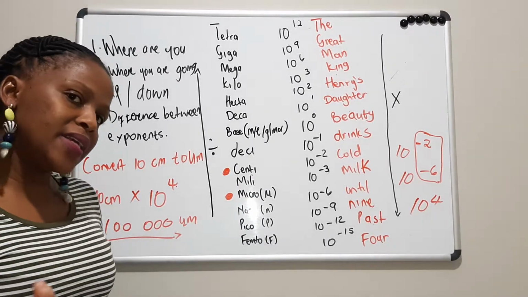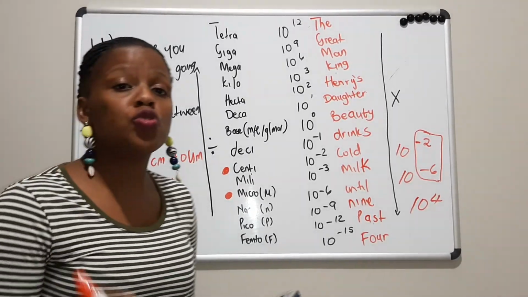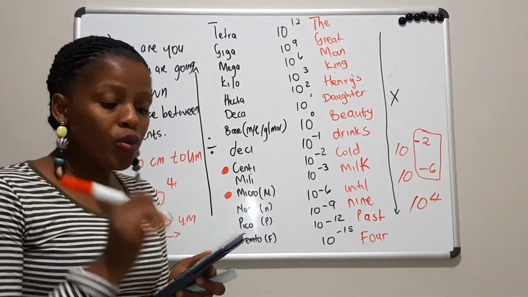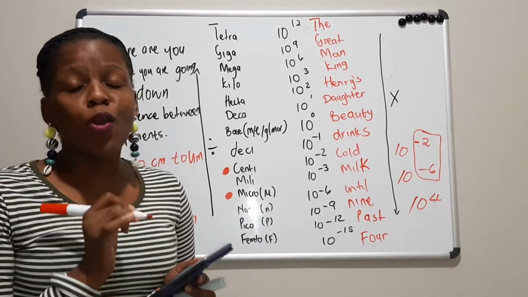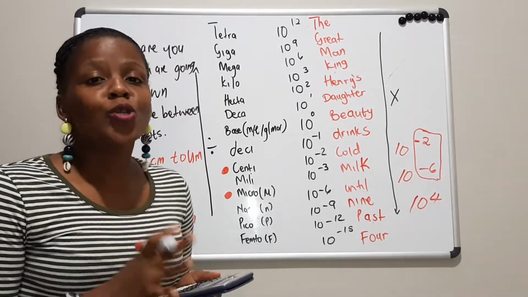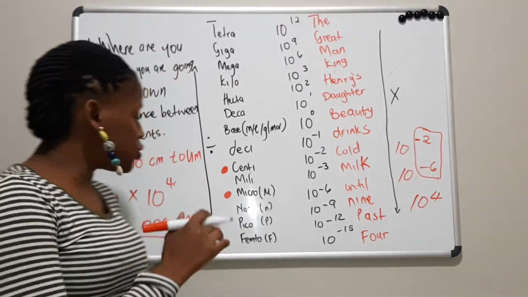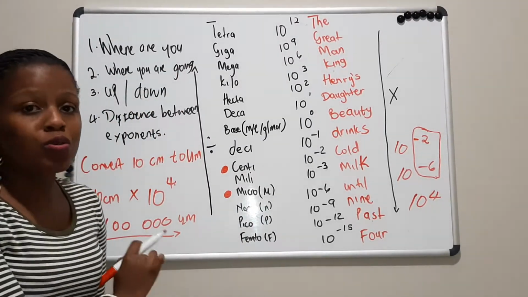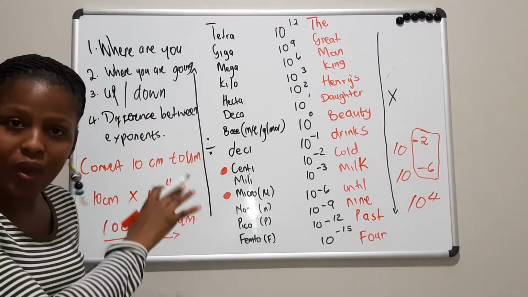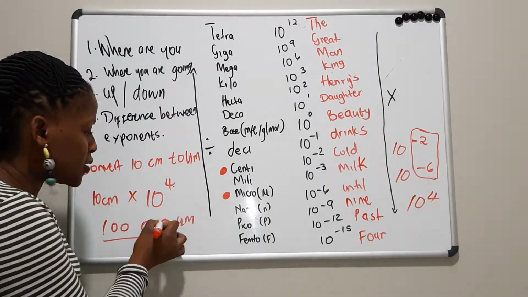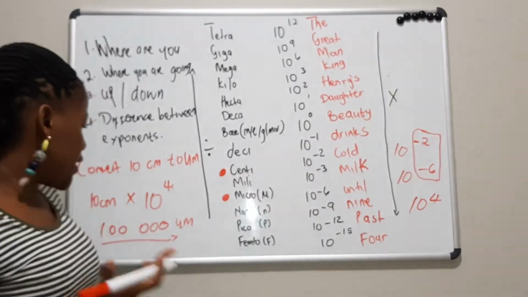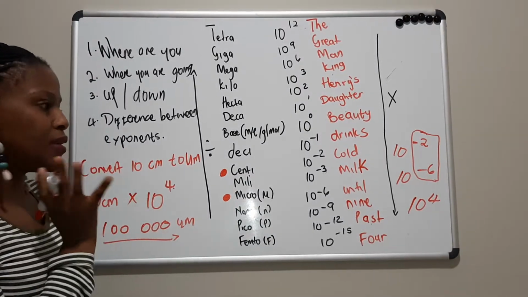And another advice that I would like to give you is to make sure that you always count the zeros that are there on your calculator, so that you don't miss out any zero when you're writing down your answer. Because if your answer is one zero less, then it's not a correct answer. So you just have to make sure that you write the proper answer.